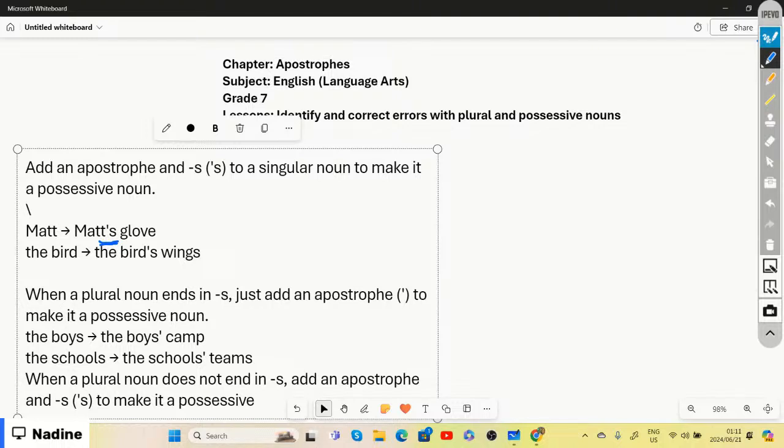All right. So we said that with our noun, we need to add an apostrophe, whether it is apostrophe and then s, and we will later find out how we can just add an apostrophe.